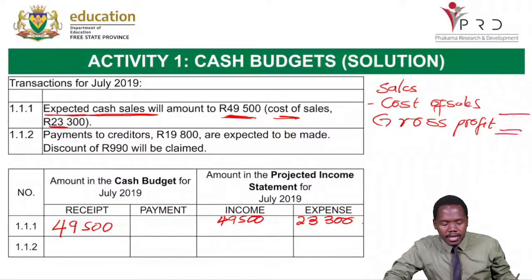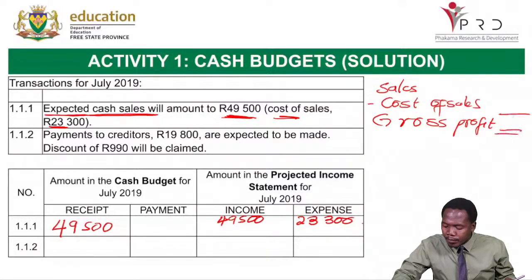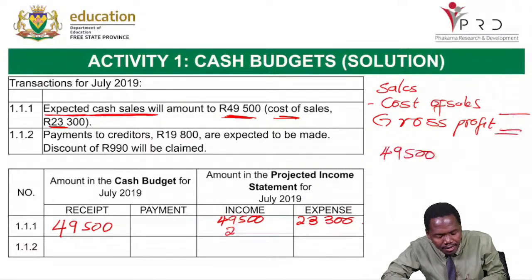Let us just do that. Let's take our calculators. How do I get the gross profit in 1.1.1? Yes, we say 49,500 minus 23,300. Then our answer becomes 26,200. So here it's 49,500.